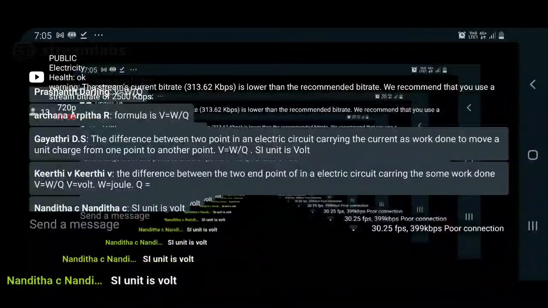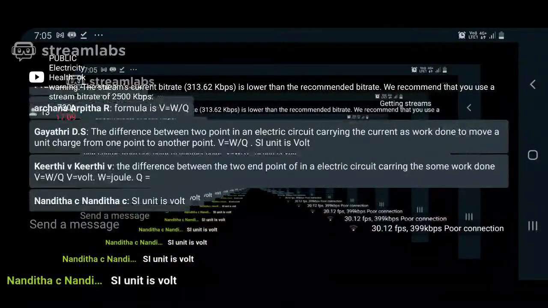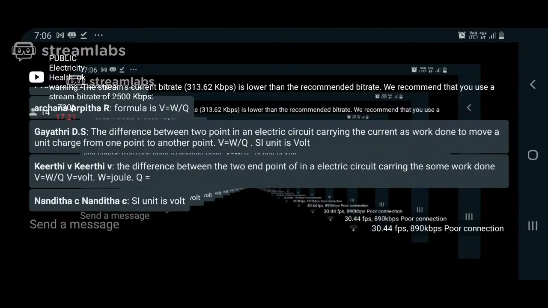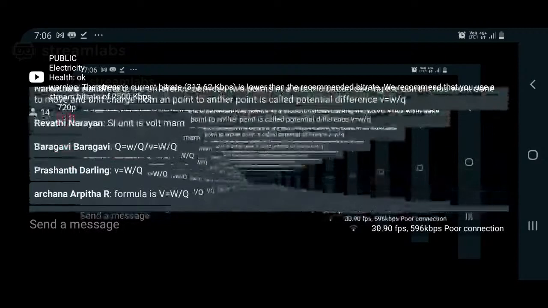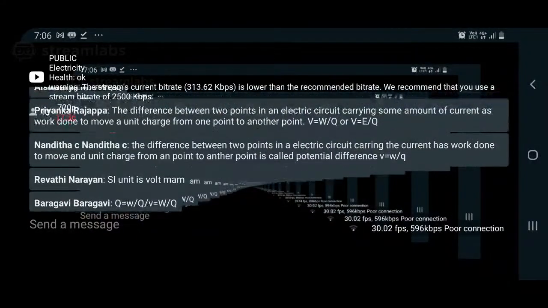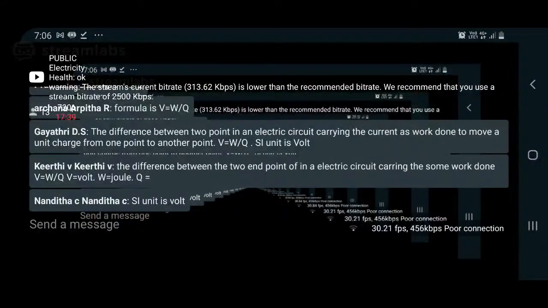Yeah, Gayatri, Kirti, correct answers. Okay, Nandita, you gave the SI unit for V. And Kirti left it for Q. And even Revati gave the SI unit for V, that is volt.